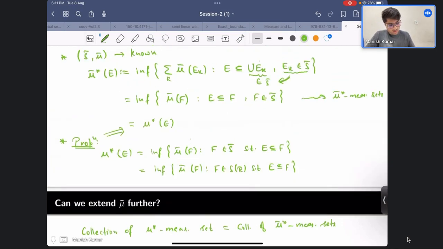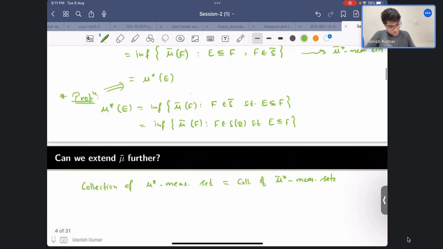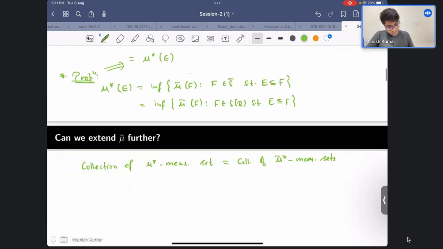They are all exactly equal. So this would imply that we cannot extend mu bar further. So mu bar cannot be extended further, right? Any doubt?